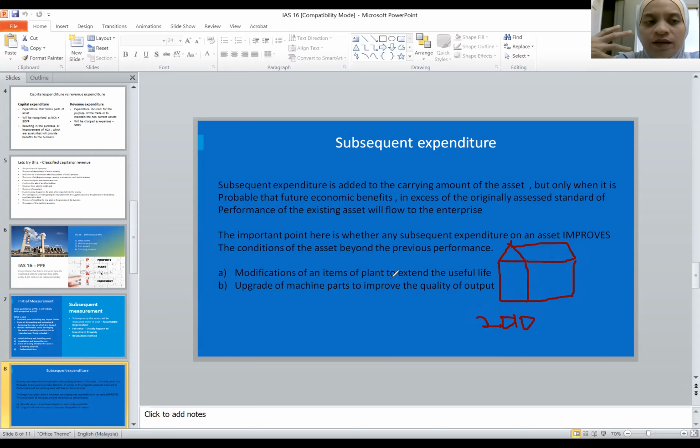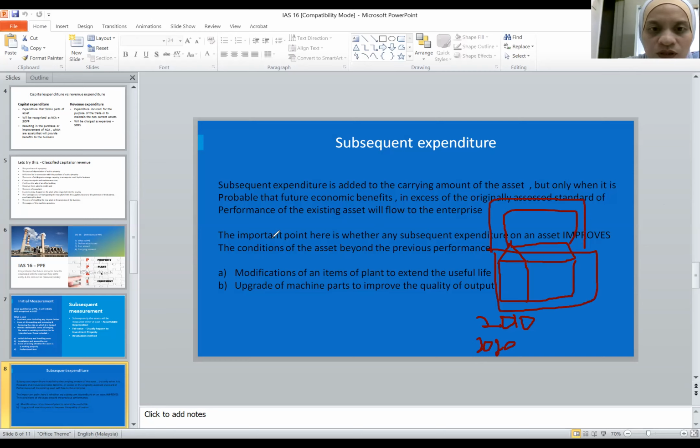So you pun dah buat depreciation dan sebagainya lah, and now is 2020. During 2020, you tambah setingkat lagi ke atas ni. Daripada asalnya setingkat you punya rumah, sekarang dah jadi 2 tingkat.